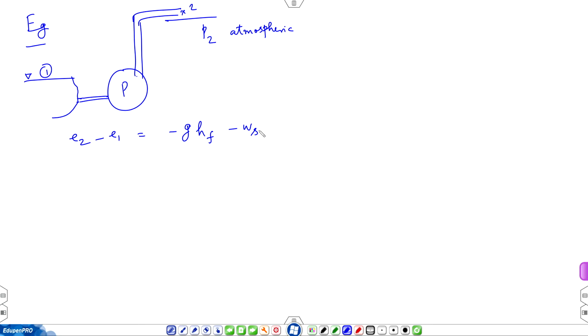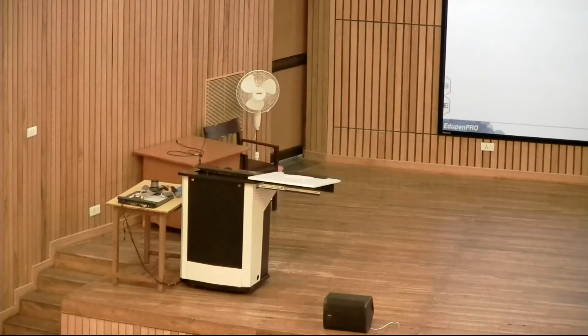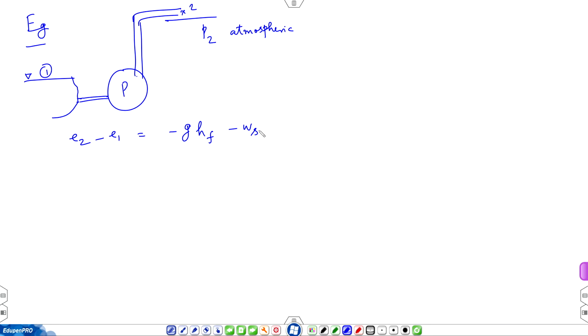This is the energy equation, where losses, wherever they are possible, should be accounted for. Certainly there are losses in the tube part of the hydraulic system. What about losses in the reservoir? The velocities there are negligible. So, the losses taking place inside the reservoir are very small.